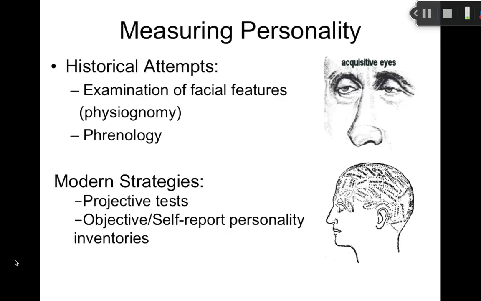Modern strategies include projective tests and objective, otherwise known as self-report, personality inventories. We're going to look at these different types of measures. What personality psychologists are interested in is identifying personality traits and attributes of interest, describing them, measuring them, and then correlating them with other important events and outcomes in life.